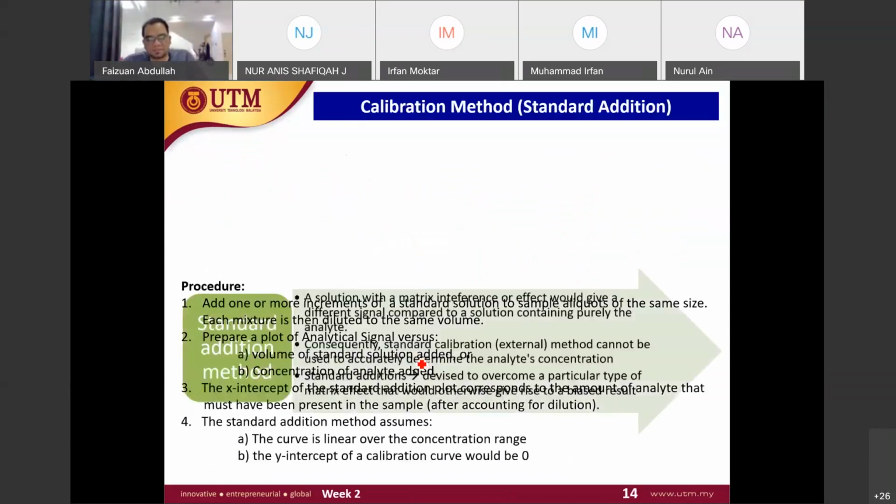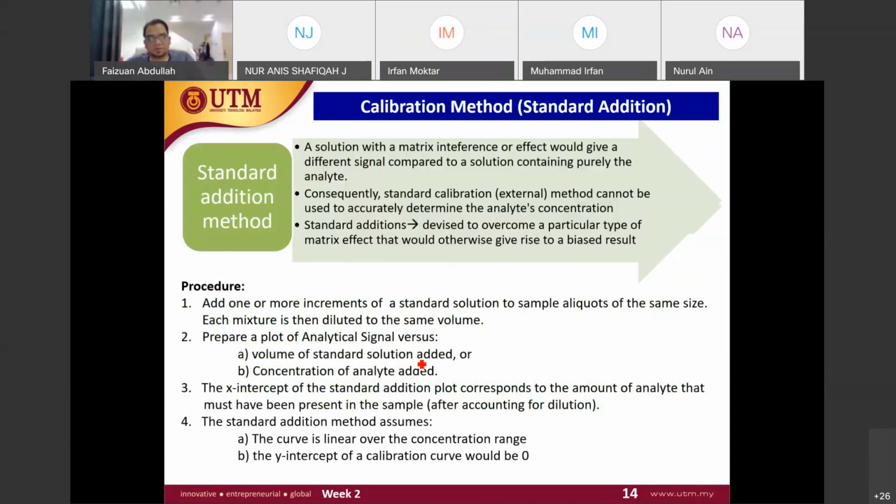Similar with AAS, we prepare a series of standard solutions using the sample itself, meaning that we separate a similar volume of sample, for example, 5 series of different concentrations of analyte. For this time we use vitamin C as well. So we use the sample itself as a standard solution.